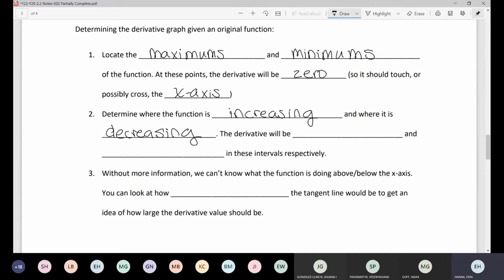Usually what I'll do is put some dotted lines on my original function, and write increasing, decreasing, increasing, or whatever is going on there. The derivative is going to be positive and negative respectively in those intervals.